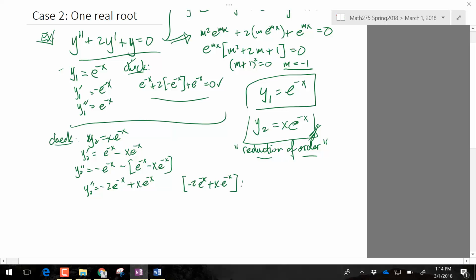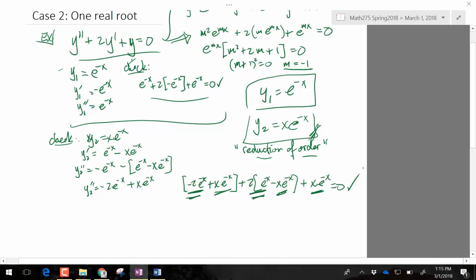That's y double prime. We have 2 times y prime. y prime is e to the negative x minus x e to the negative x, plus y, which is x e to the negative x. So let's see. The ones with the x, there's a 2 negative, and there's a positive 1, so that cancels. And then the other terms, there's a negative 2 here, there's a positive 2, so this is equal to 0.